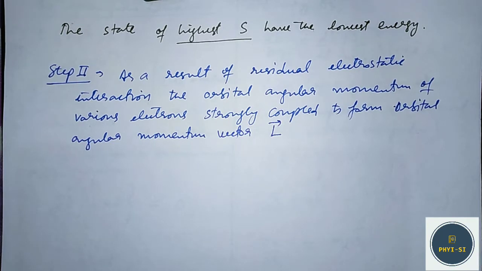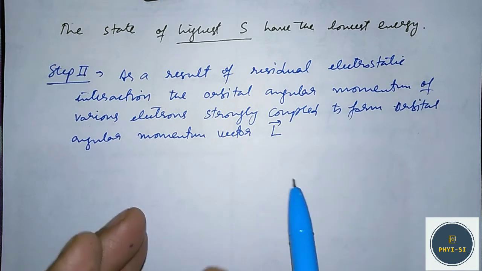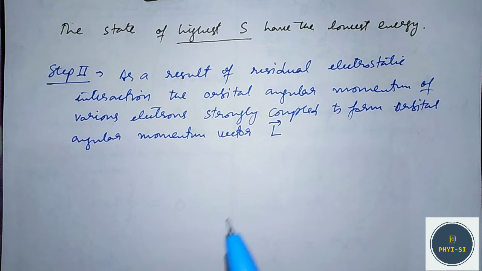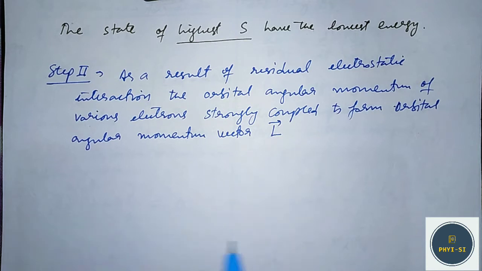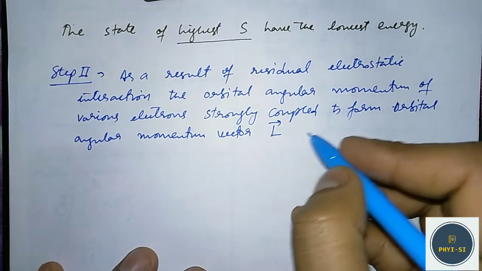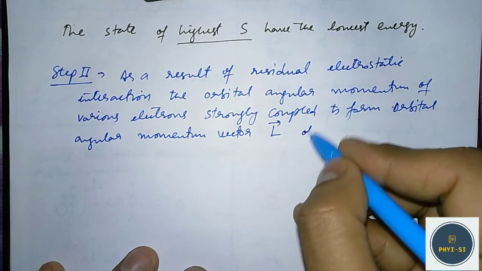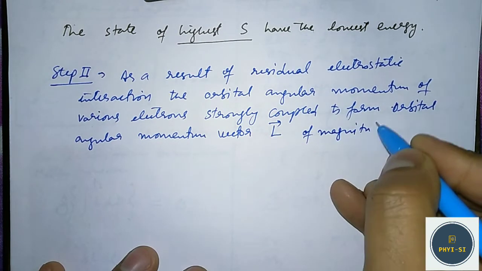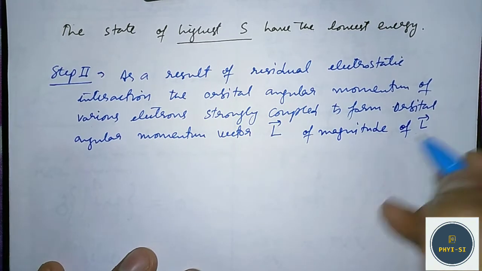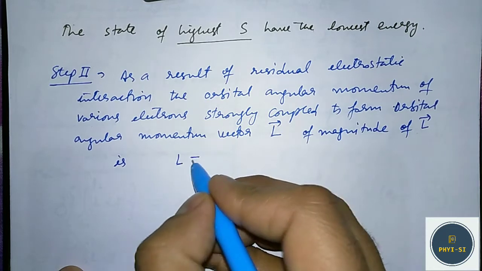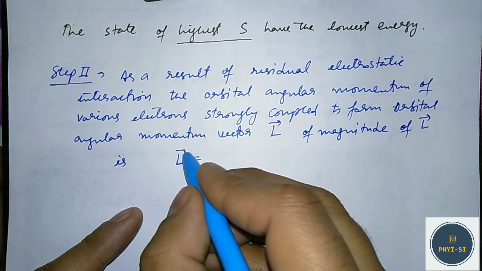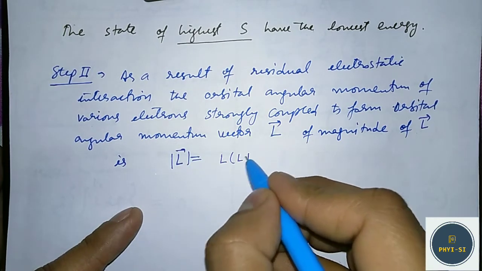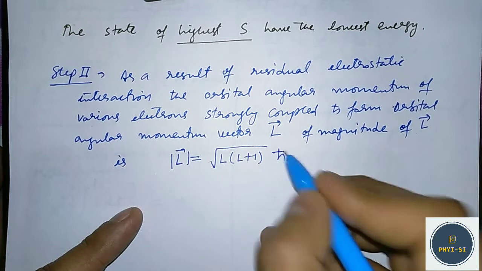We have seen that in step 1 the spins couple to form a spin vector, and in this step the orbital angular momenta of various electrons strongly couple to form the angular momentum vector L. The magnitude of L is square root of L into L plus 1 times h bar.